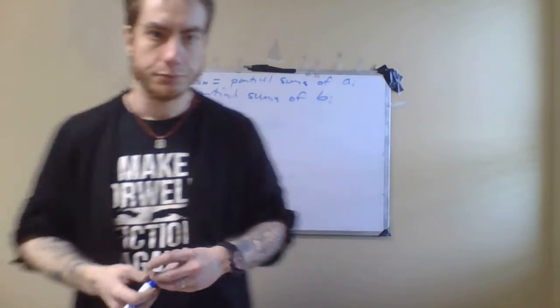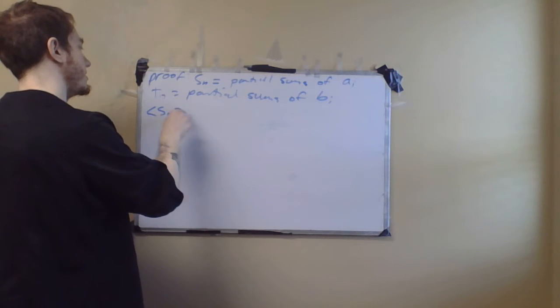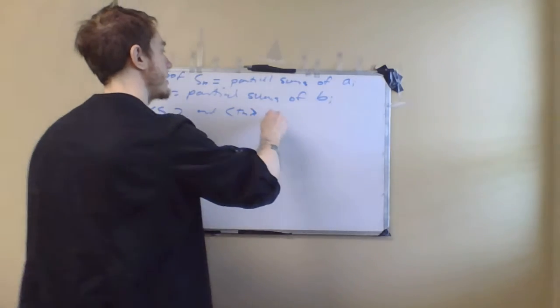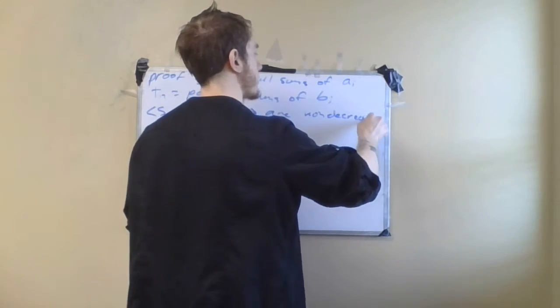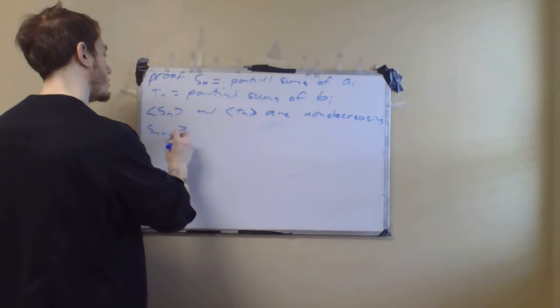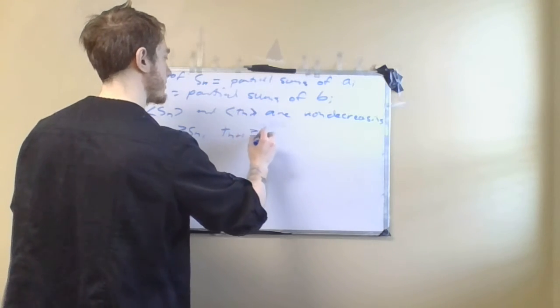So the first thing to notice is that the Sn and the T sub n are non-decreasing. In other words, Sn plus 1 is greater than or equal to Sn, Tn plus 1 is greater than or equal to Tn.